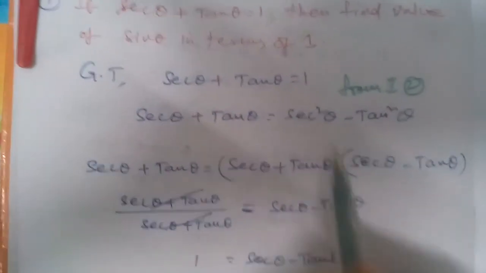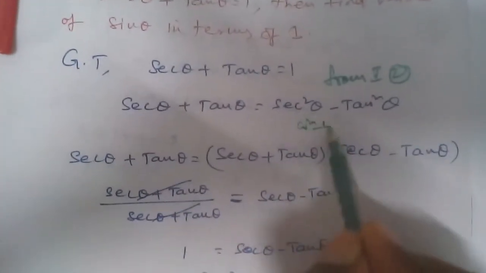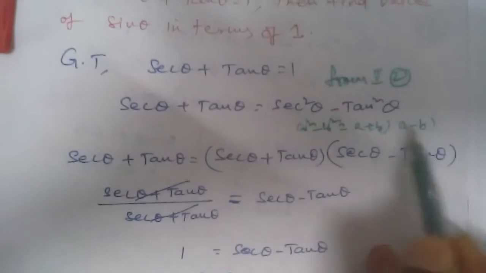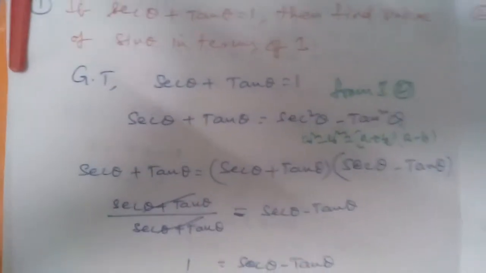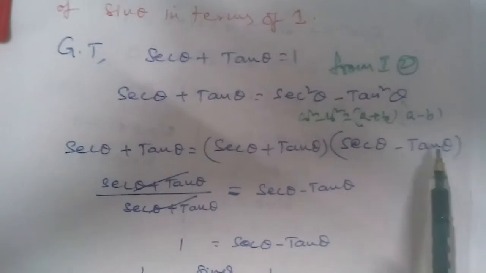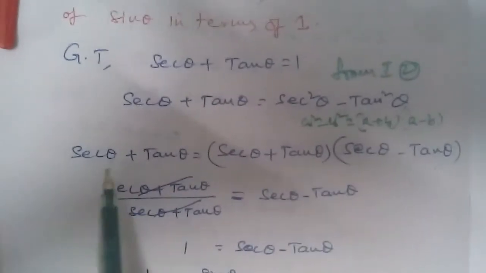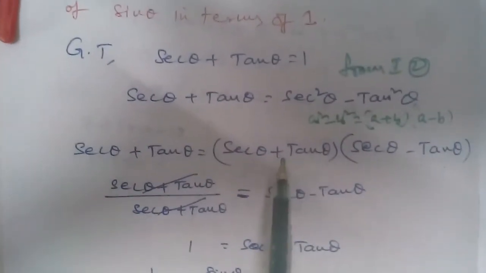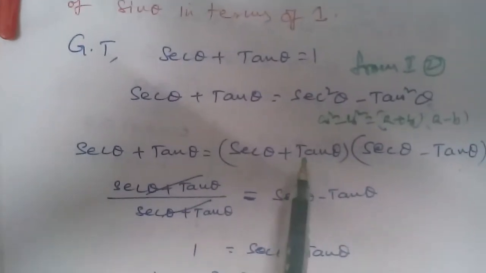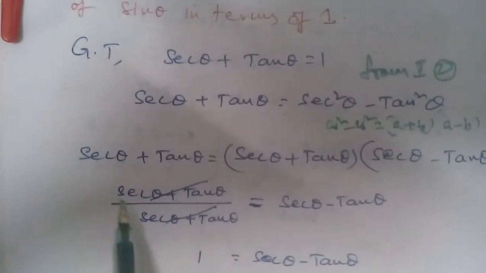So now it is in the form of a square minus b square. We will write a plus b, a minus b. So we can write secant theta plus tan theta, secant theta minus tan theta. So right hand side secant theta plus tan theta is transformed into left hand side.